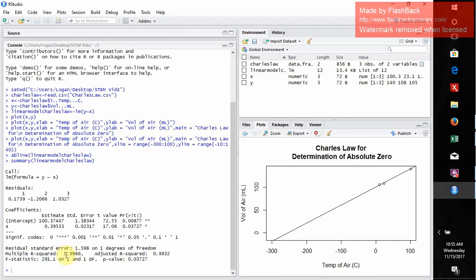We're going to go with this one because this is the same one that Excel gives us, 0.9966 for r squared. Okay, not bad. Very linear, sufficiently linear, and it looks like it's coming down somewhat near negative 273.